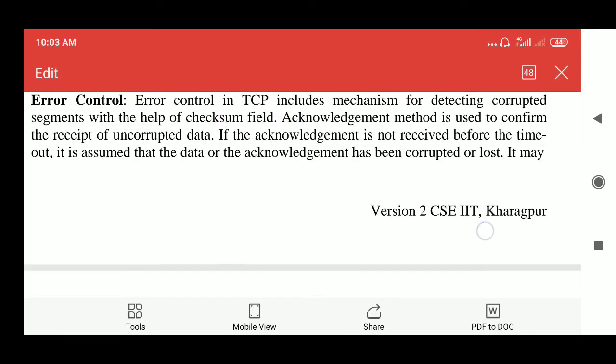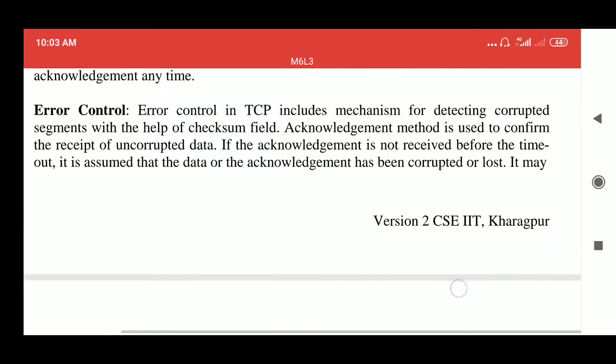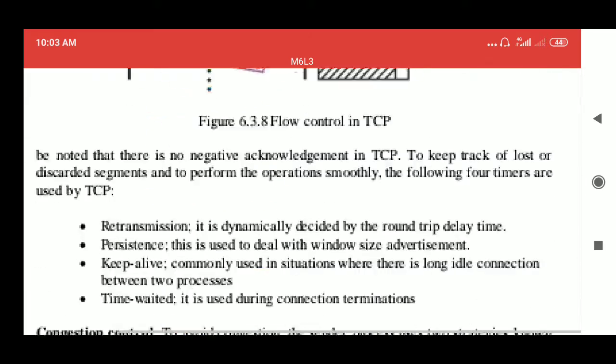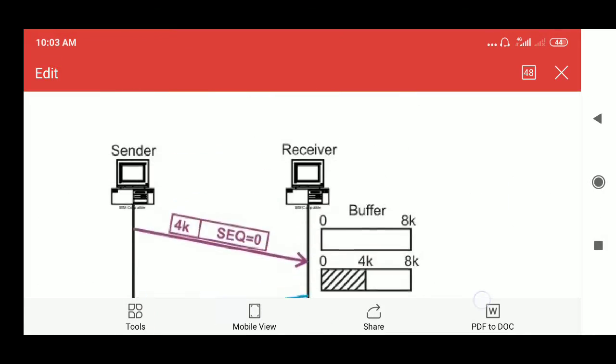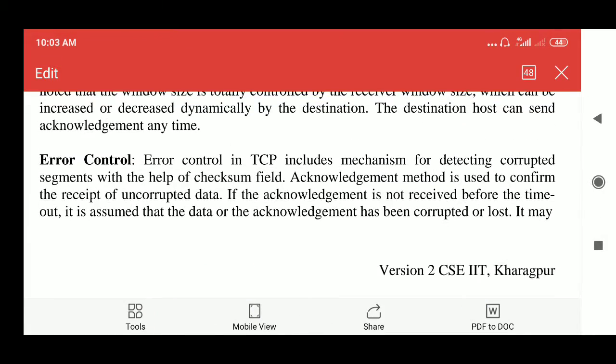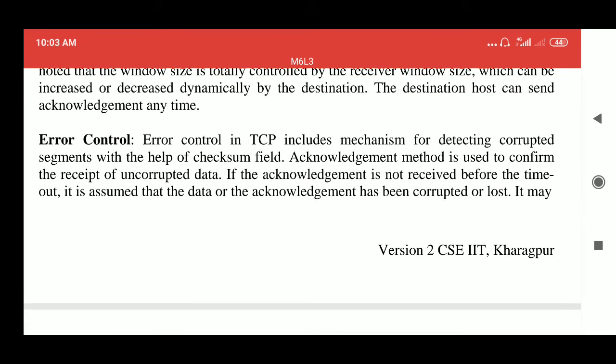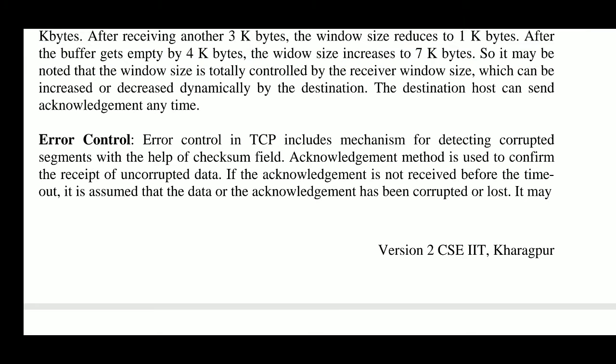And now we discuss the error control in the TCP. So error control includes mechanism for detecting corrupted segment with the help of the checksum field. Here notice that we are using terminology segment because it is at the transport layer, and at the transport layer the datagram is called segment.